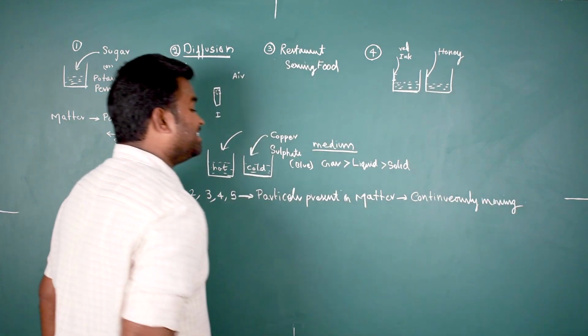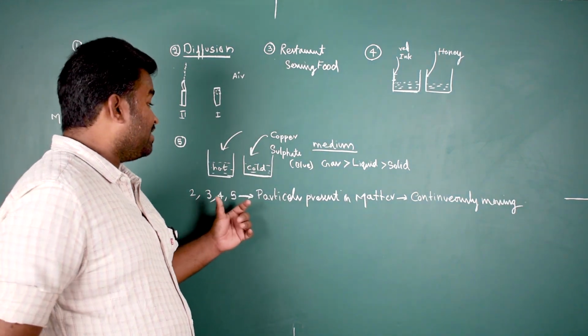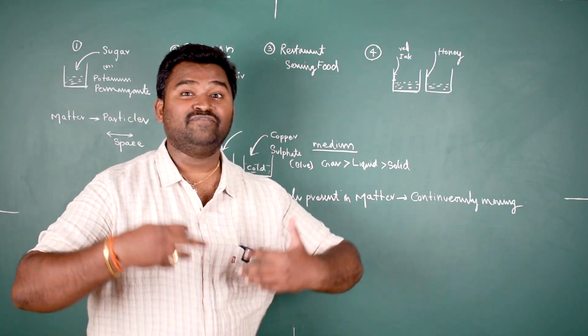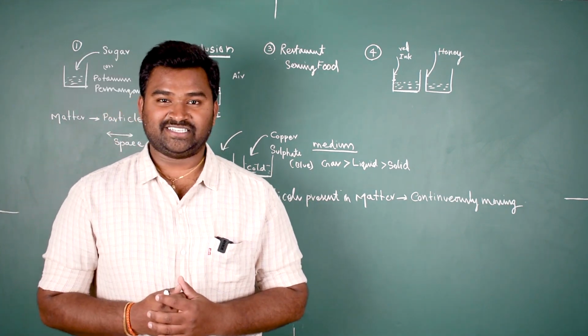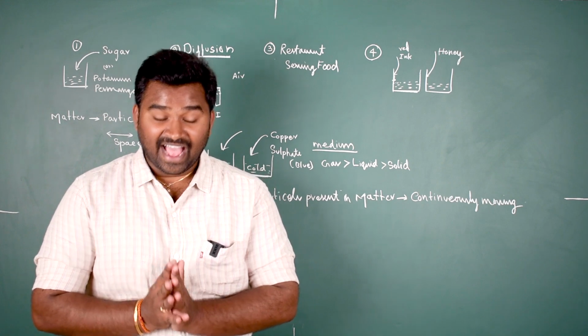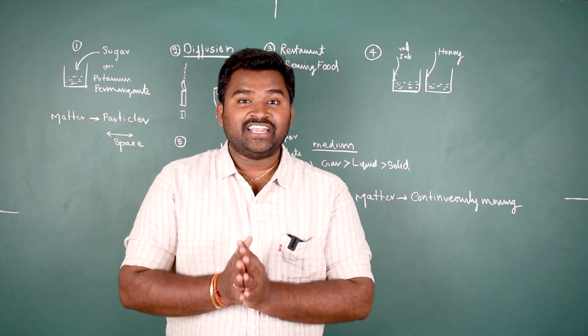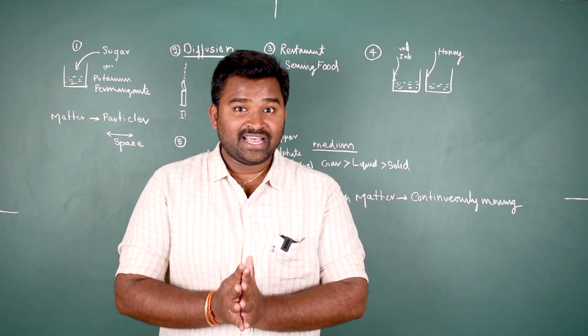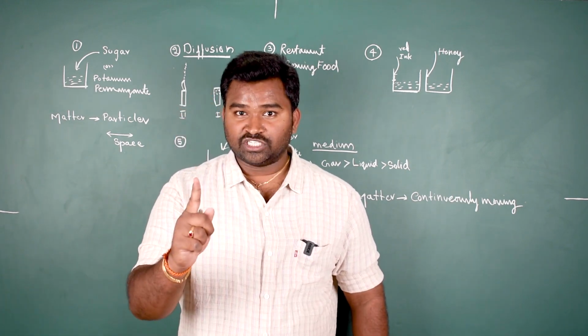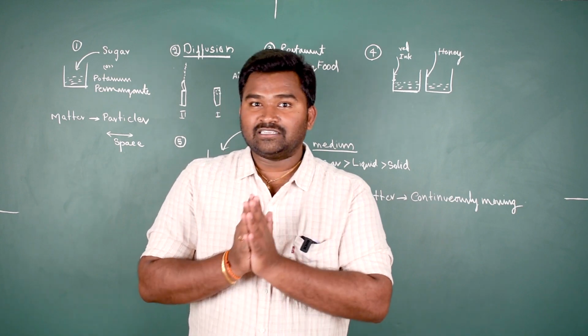This is the reason why the particles are getting diffused into other substances. You understand? And in the next session, we will continue with the remaining experiments, and we will make one more conclusion about the particles of matter.